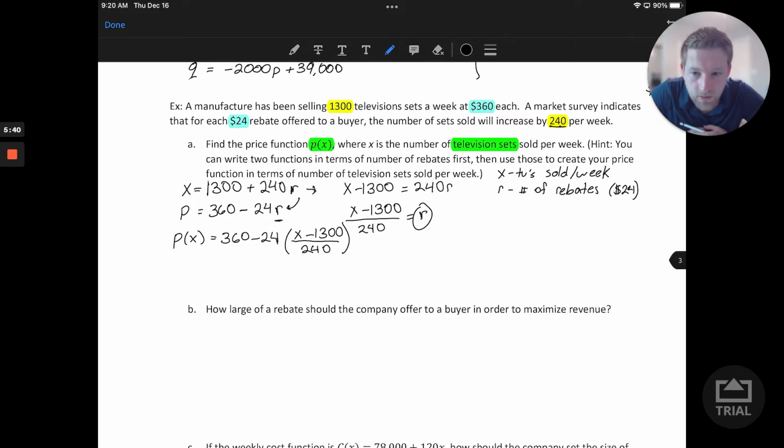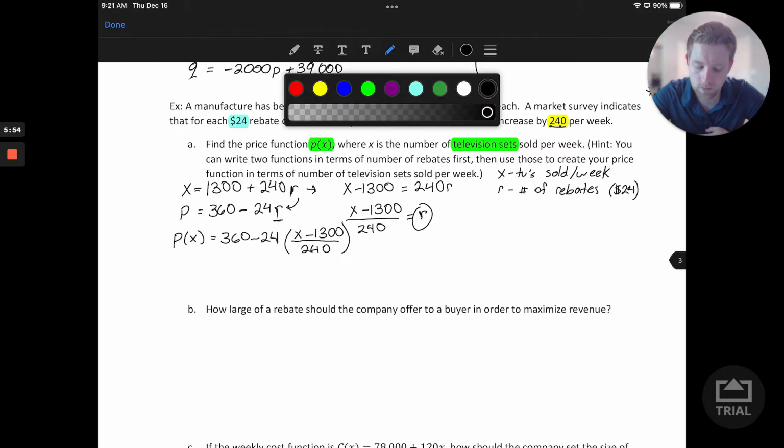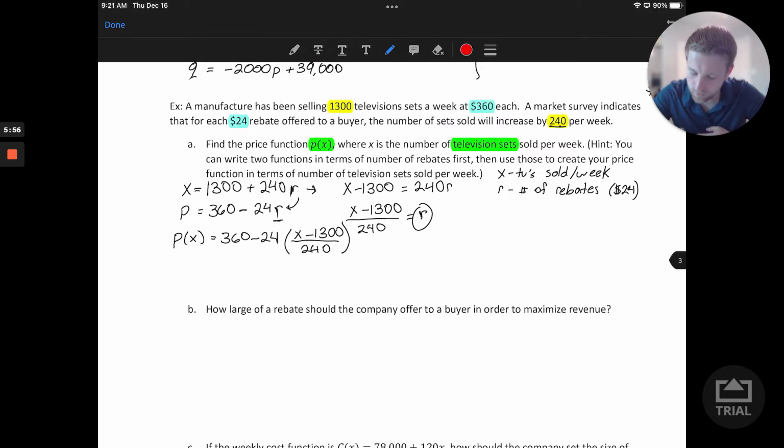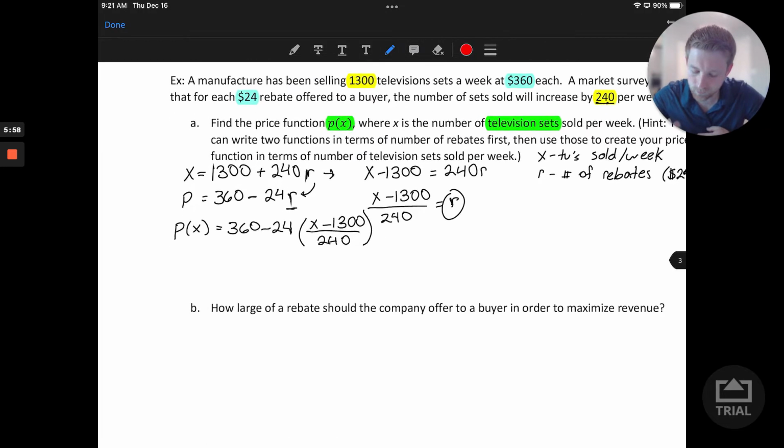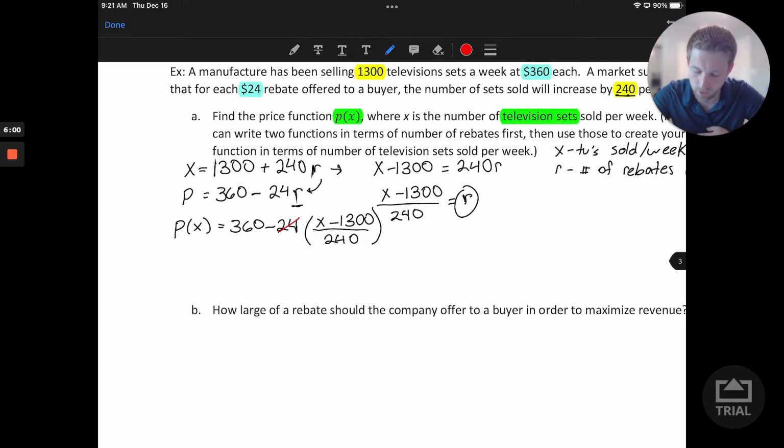We certainly can break this down a little bit. I think that would be helpful, specifically for our next step. We do have the P of X equation, but let's simplify this as much as we can. Taking a look at the product here, we can take our 24 and 240 and cancel those out, leaving 1 over 10.